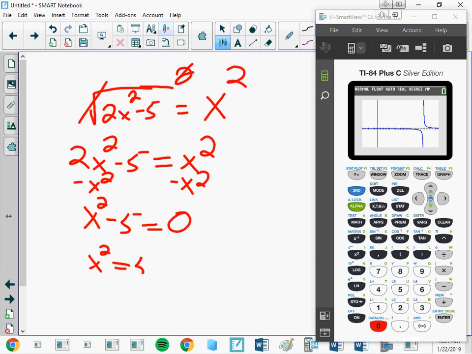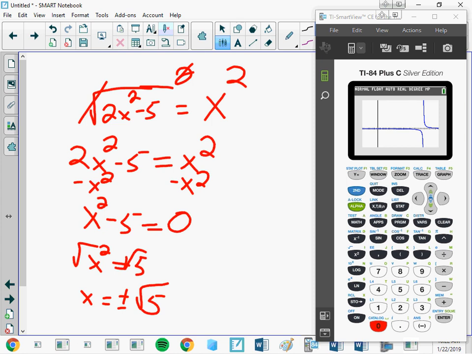X squared equals 5. Take the square root, and I get x is equal to plus or minus root 5. Is that okay? The answer can't be negative, so it's positive root 5.